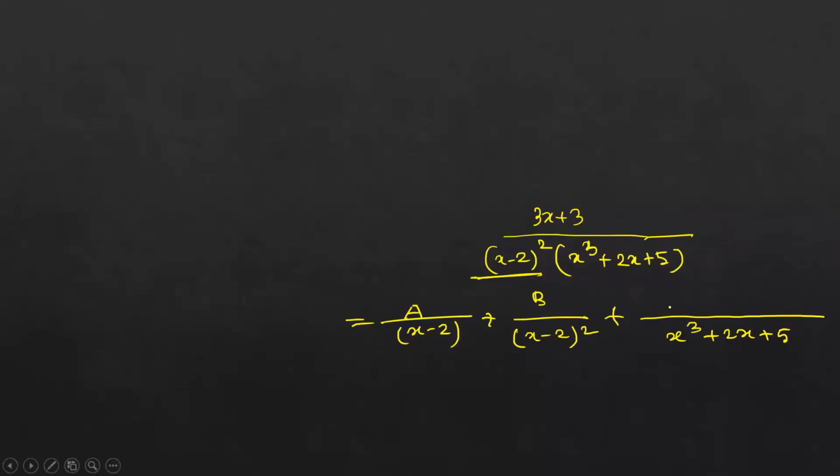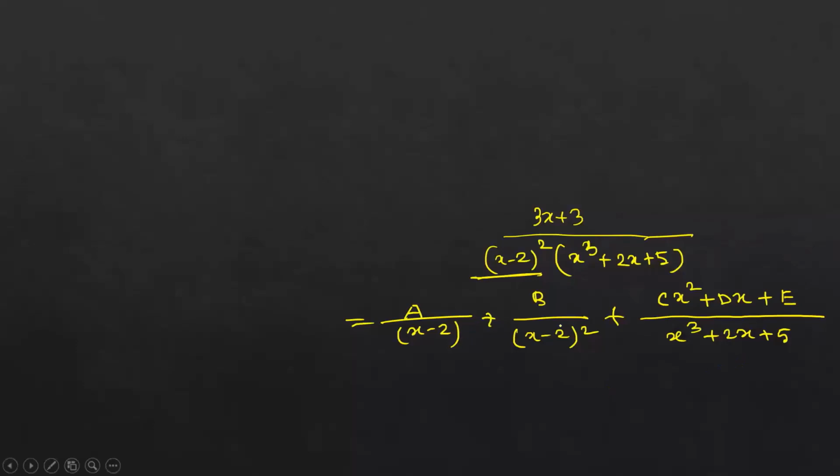Someone please tell me. cx square plus dx plus something e. What is your name and from which department are you? तन्मय कुमार CSC. ओहो तन्मय, मैं तो आपको जानता हूँ एकदम.